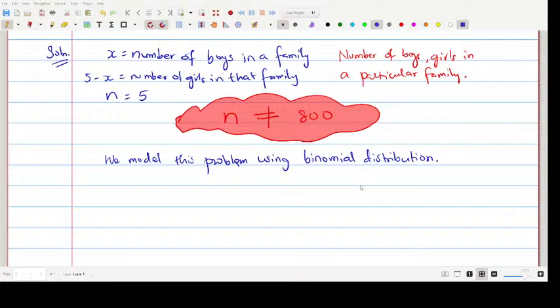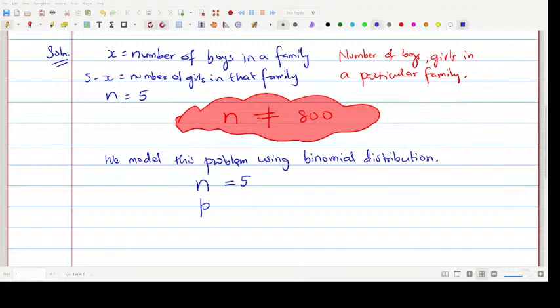In binomial distribution, we want an n, we want a p, right? So here n is equal to 5, the number of children in a family.